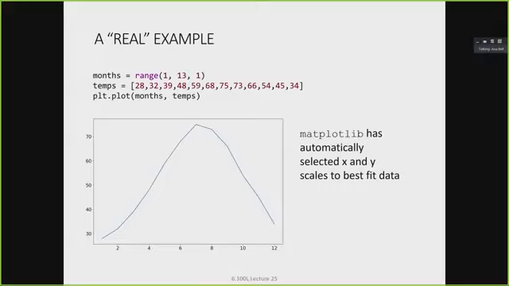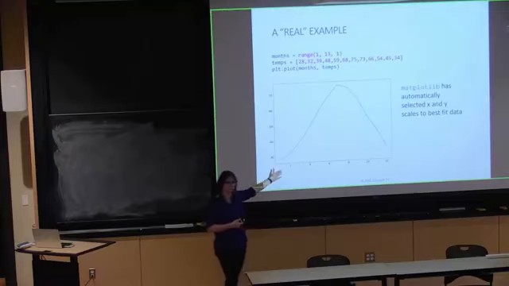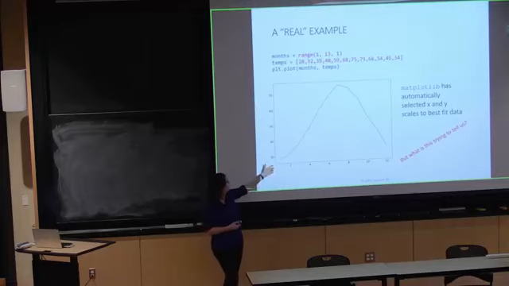What do we notice? Well, just like before, matplotlib nicely framed our data, right? It's got a little bit of wiggle room left and right, top and bottom. And it automatically selected the scales, right? How low to go, how high to go, and the tick marks for this. But let's say that you're the advisor to a student, and they came to you with a plot that looked like this.